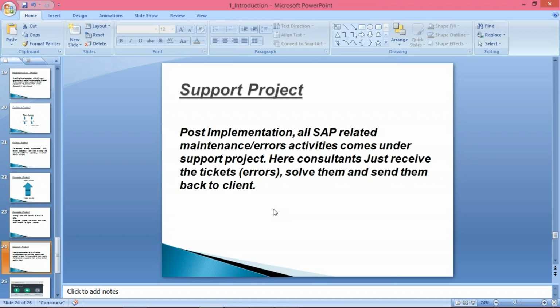So most likely you are going to be part of a support project itself. So guys, this is all about the types of projects.